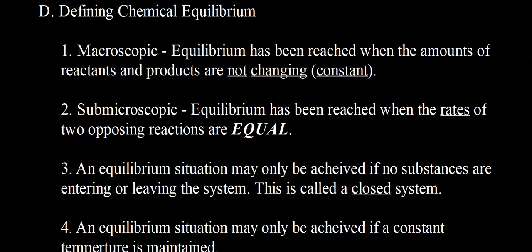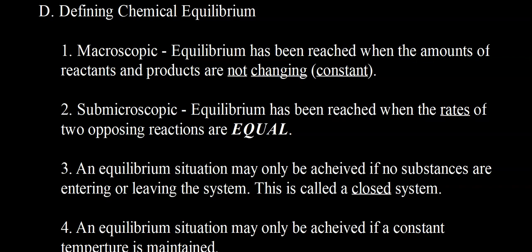Now, be careful with these next two here. An equilibrium situation may only be achieved if no substances are entering or leaving the system. This is known as a closed system. Now, in our example here, it was a closed container. It doesn't have to be. It does have to be a closed container if you have any gases involved in the reaction, so you don't want them to just escape.